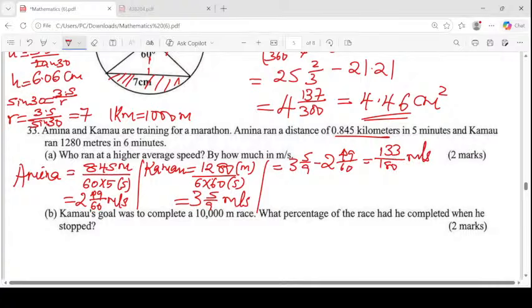So the person who ran at the higher speed is Kamau, by 133/180 meters per second. I hope you've understood how that question has been solved.